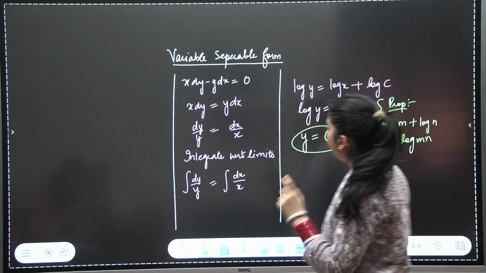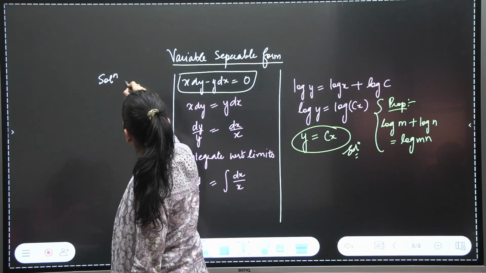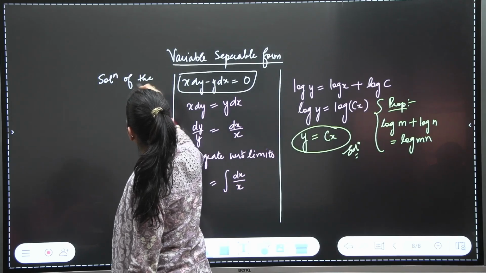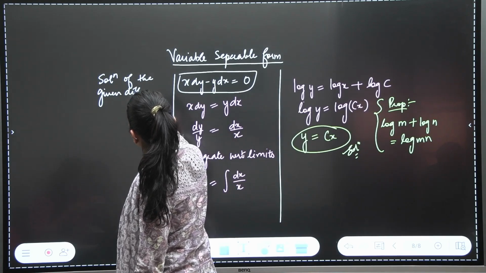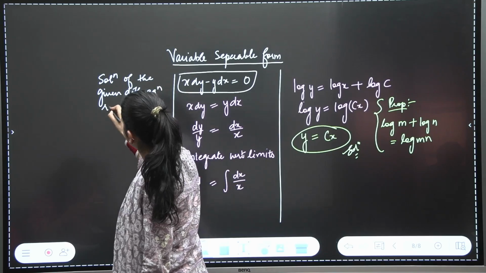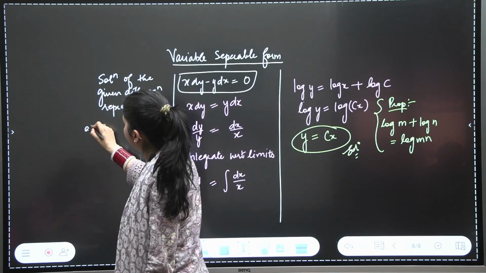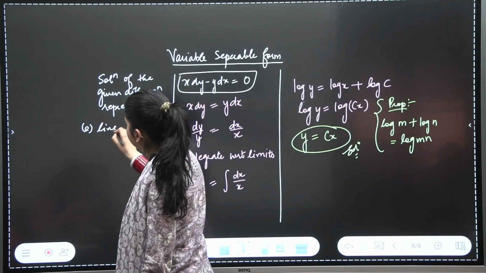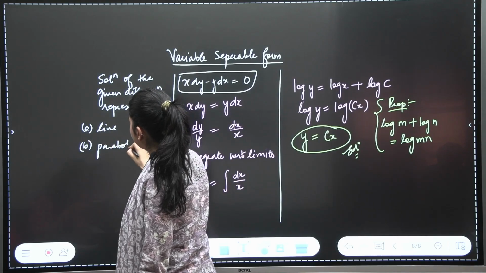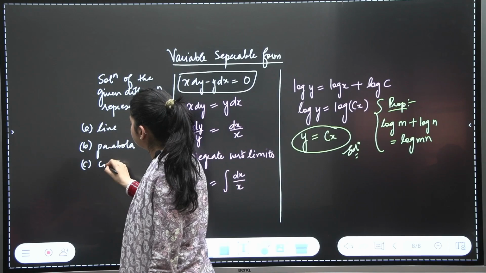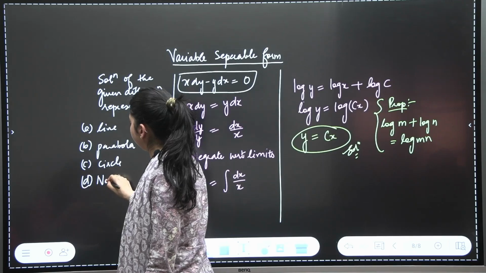If this is the equation, the question can be: the solution of the given differential equation represents, A, a line, B, maybe a parabola, C, a circle, D, maybe none.